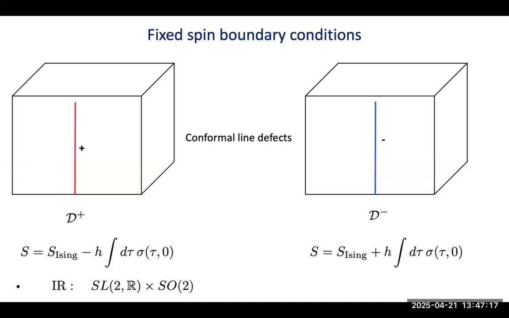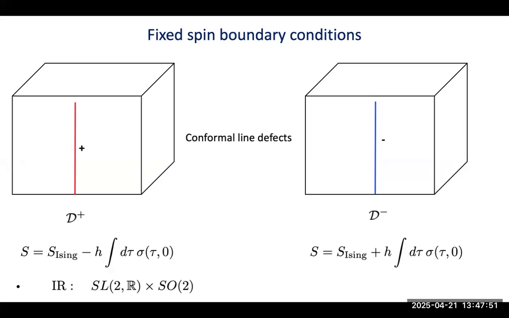So we expect this to flow to some conformal line defect in the infrared, which will have a remainder of the bulk conformal symmetry, namely it will have translations along the line, it will have the scale invariance, and it will have invariance under special conformal transformations along this third direction. And of course, we'll have the rotational symmetry around the line defect and whatever reflection symmetries that the defect preserves.